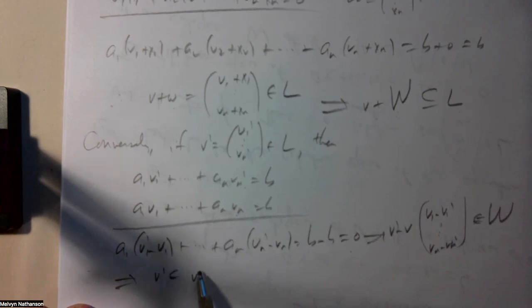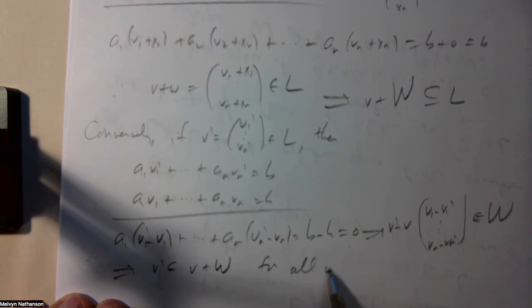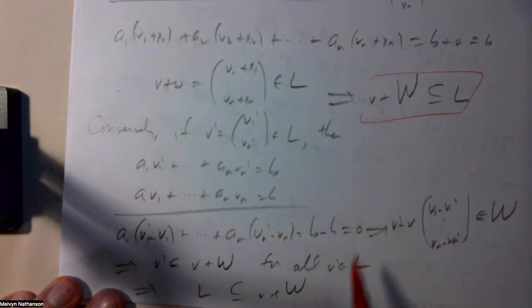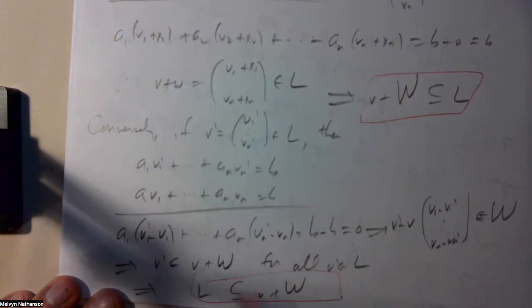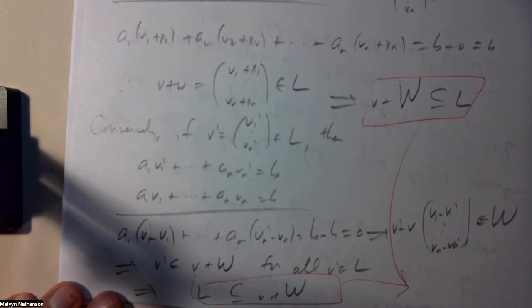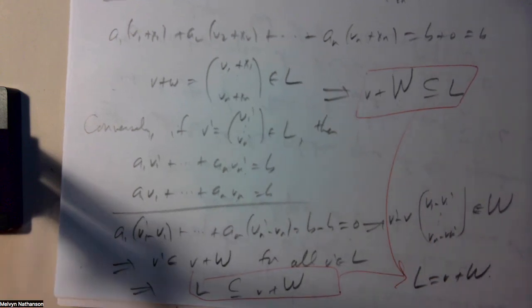Or another way of saying that is that v prime is in v plus W for all vectors v prime in L, which means L is a subset of v plus W. So you have v plus W is contained in L, and L is contained in v plus W. And if I put those together, I get L equals v plus W. And that's what I wanted to prove.